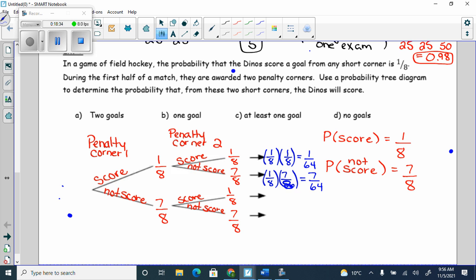Then this one is not score, 7/8, times score, 1/8. It's 7 out of 64. And then not score, not score is actually going to be the highest probability out of the 4, which is 49 out of 64.